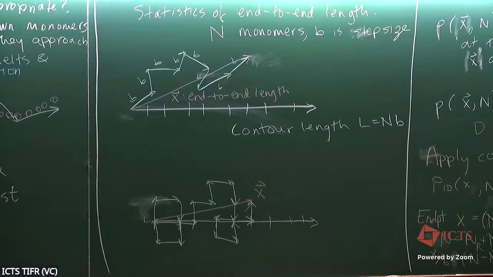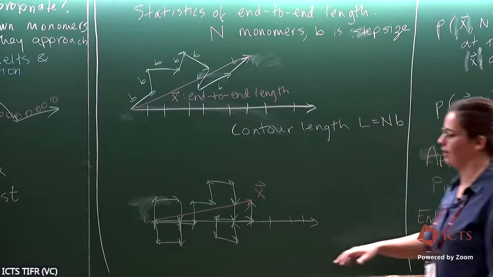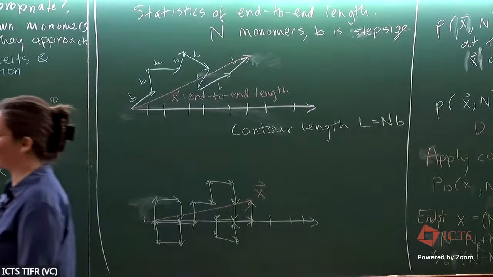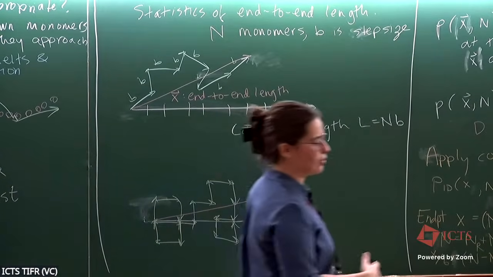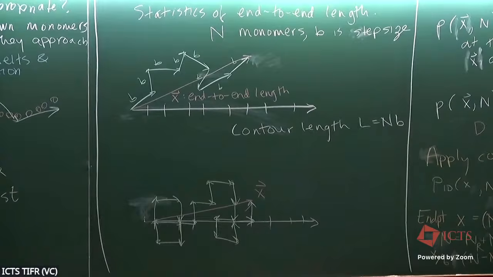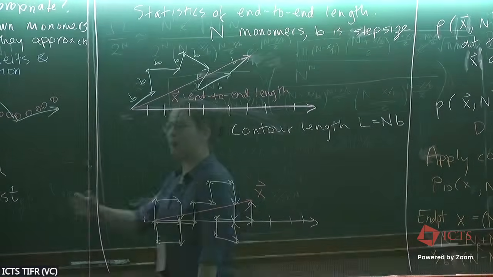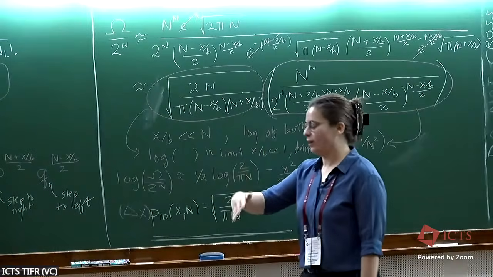And what's the reason for that? The reason is that it's impossible to take an even number of steps and end up at an odd location, and vice versa. If I'm walking a total of 6 steps, I will either be at 0, 2, 4, 6. If I'm walking 5 steps, I'll either be at 1, 3, 5.